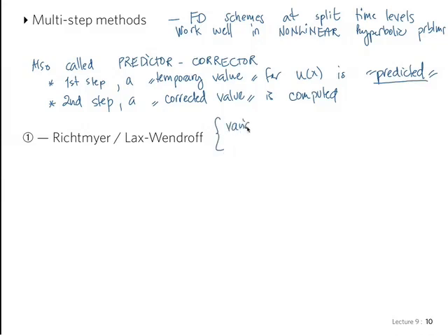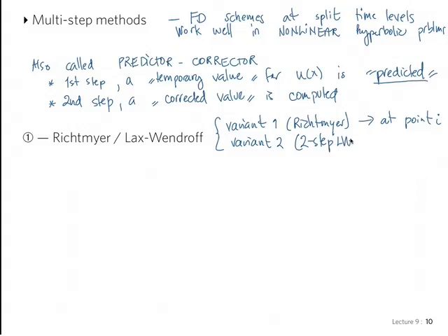Variant 1, which is due to Richtmyer, is at point I. So remember, we have two time levels, but this refers to the point in the mesh. And the second variant, which is more widely known as the two-step Lax-Wendroff, is at the midpoint, I plus 1/2.